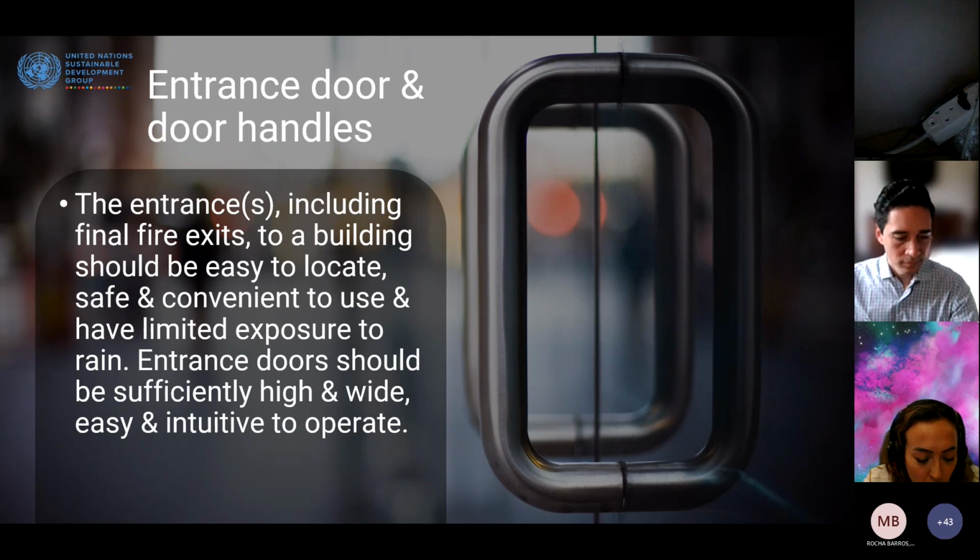And you have to make sure that if this door has automatic opening or closing sensors, these sensors are working correctly and the time interval between the door being opened and closed is sufficient for a person who is using a wheelchair to pass through.